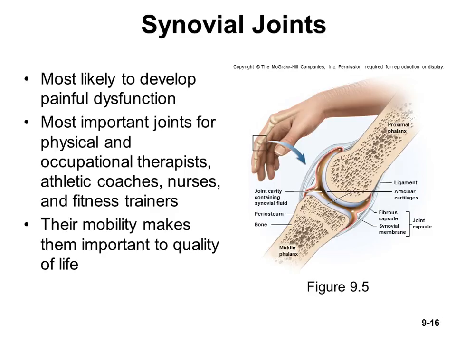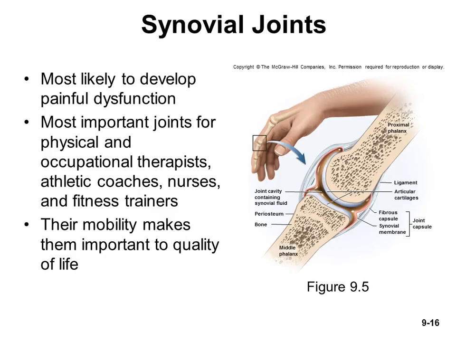They're the most structurally complex type of joint and are the type most likely to develop uncomfortable and crippling dysfunctions. Old sports injuries, those guys in high school who have those injuries, professional football players, years later, those injuries can develop into arthritis.